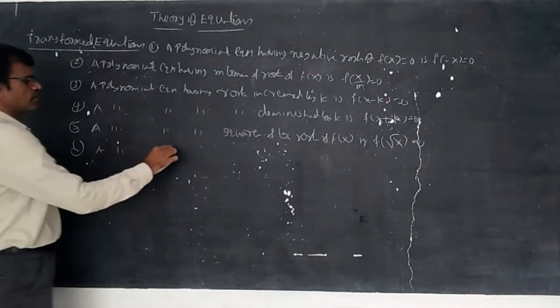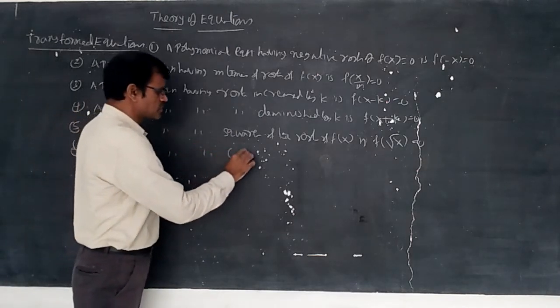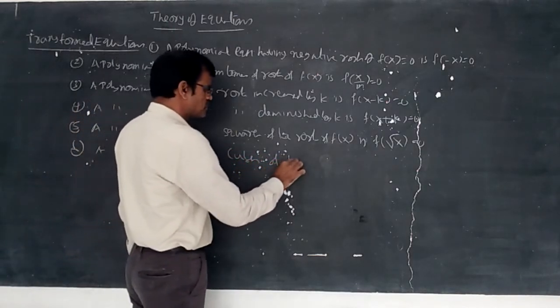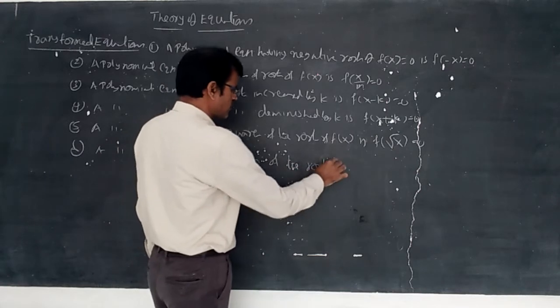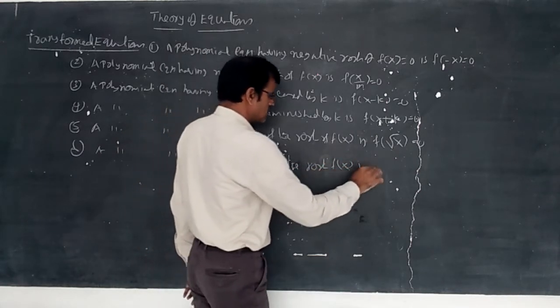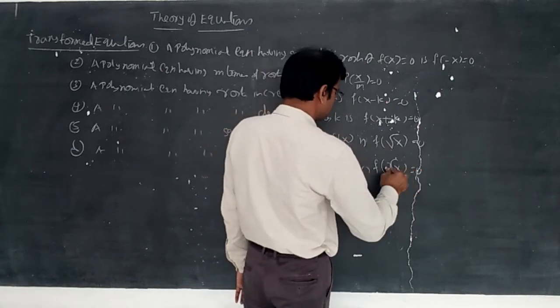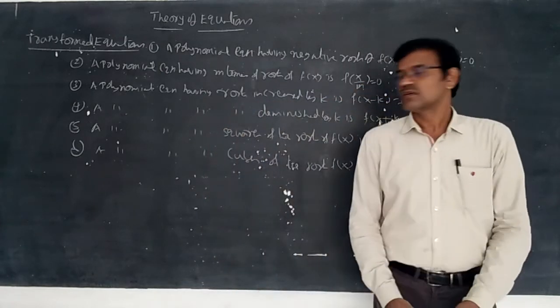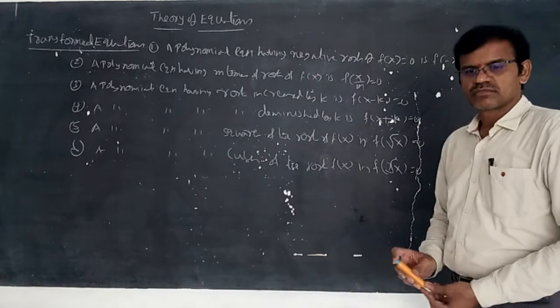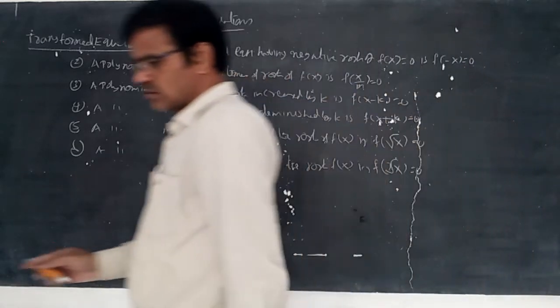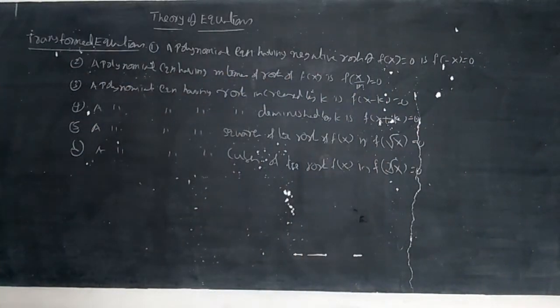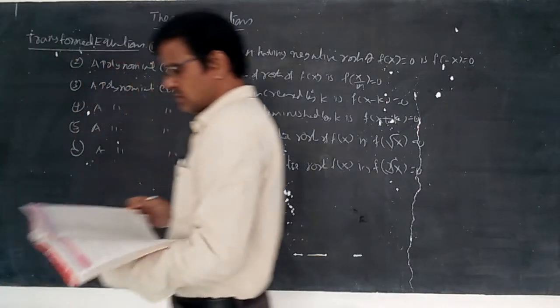Next, a polynomial equation having the cubes of the roots of f of x is f of cube root x equal to 0. Simply I am giving the formula. Depending upon the formula, you can do the sums.